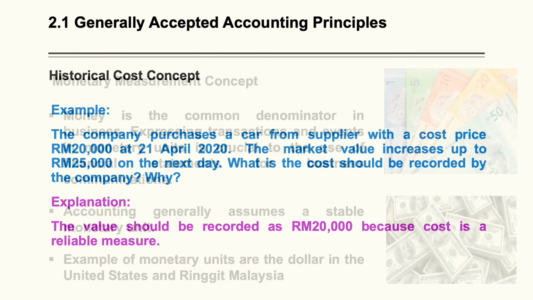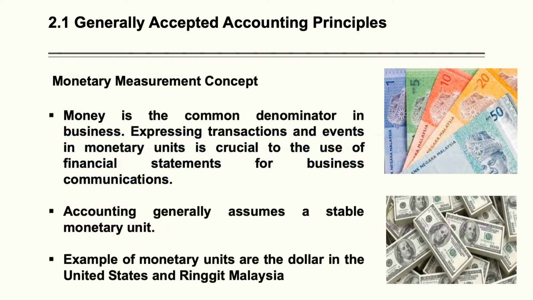Now let us go to the second concept, the monetary measurement concept. According to this concept, money is the common denominator in businesses. Remember, whatever transactions and events are in monetary terms is crucial to the use of financial statements for business communication. So accounting generally assumes a stable monetary unit.